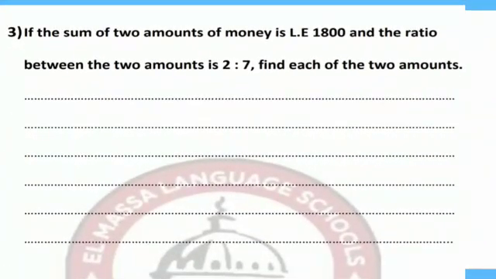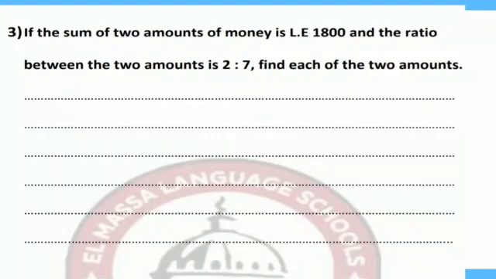Number 3. If the sum of two amounts of money is 1,800 and the ratio between the two amounts is 2 to 7, find each of the two amounts.